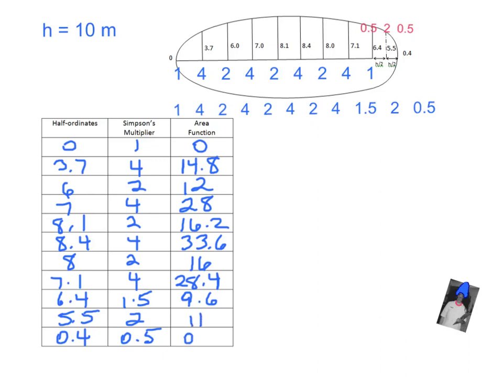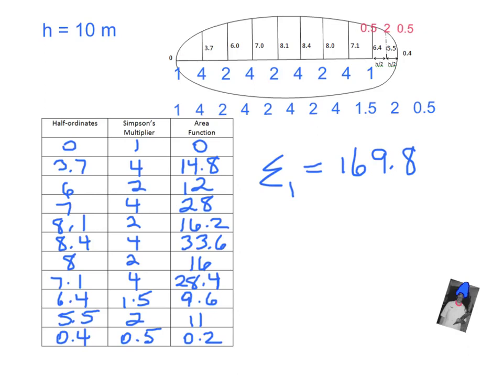Then summing up the individual area functions, we get a total area function of 169.8.